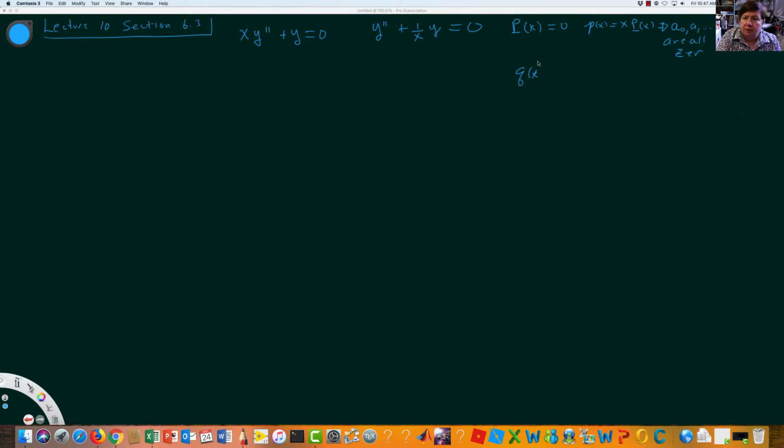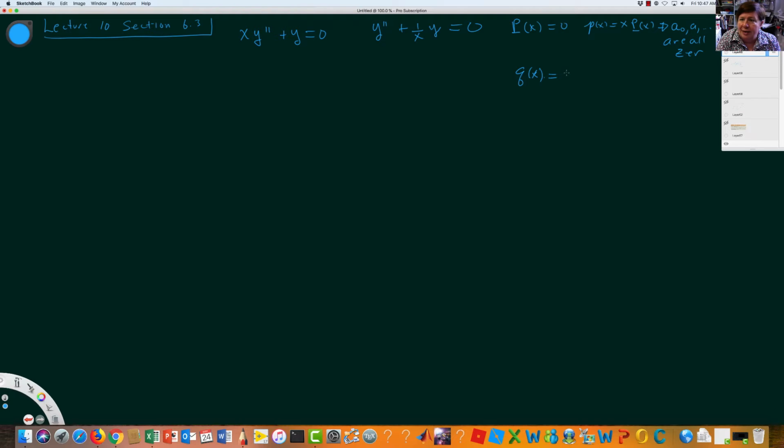Okay, so we have little q of x here, and of course that's x squared times big Q of x, and that's just going to give me x, because the Q of x is this thing. And that looks like A1 is non-zero, but B1 is non-zero.